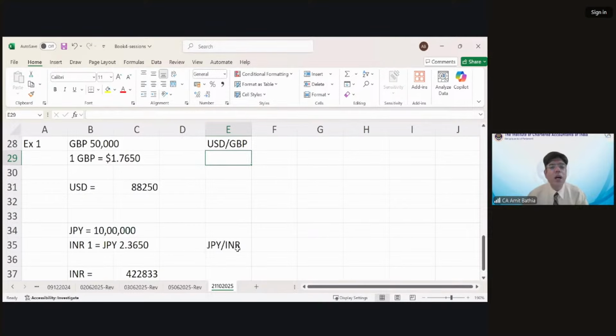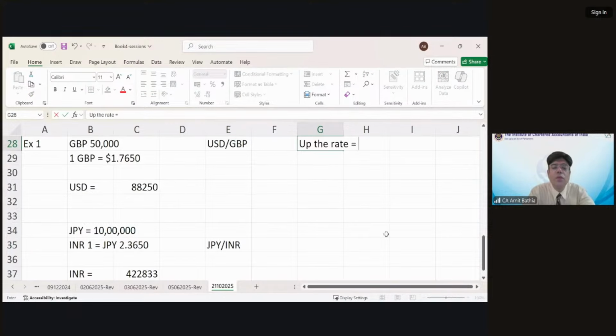When you go the other way around, remember this is Japanese yen, which you already had, the exchange rate is expressed as JPY to INR. So when you are going down, it is divide. So up the rate, multiply; down the rate, divide. I repeat once again: up the rate is multiply, and when you are going down the rate, it is essentially divide.